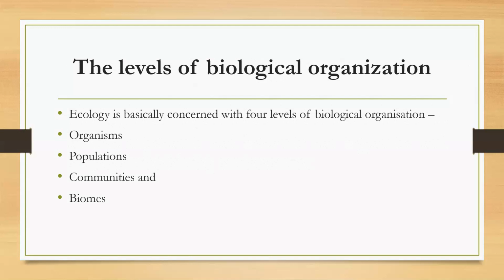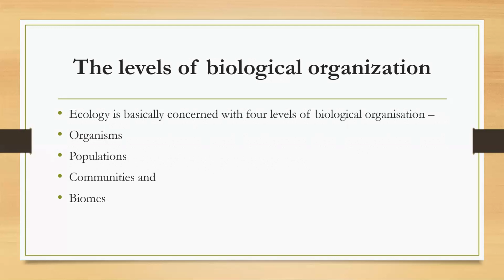In biology, the living organisms are classified into different levels based on their biological organization. It starts from the molecular level, followed by the cellular level, tissue level, organ level and system level. So these are the various levels of organization.